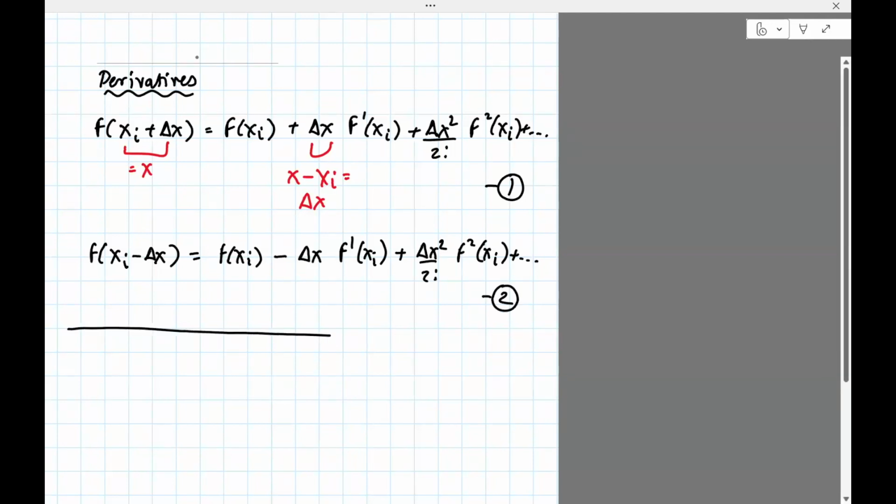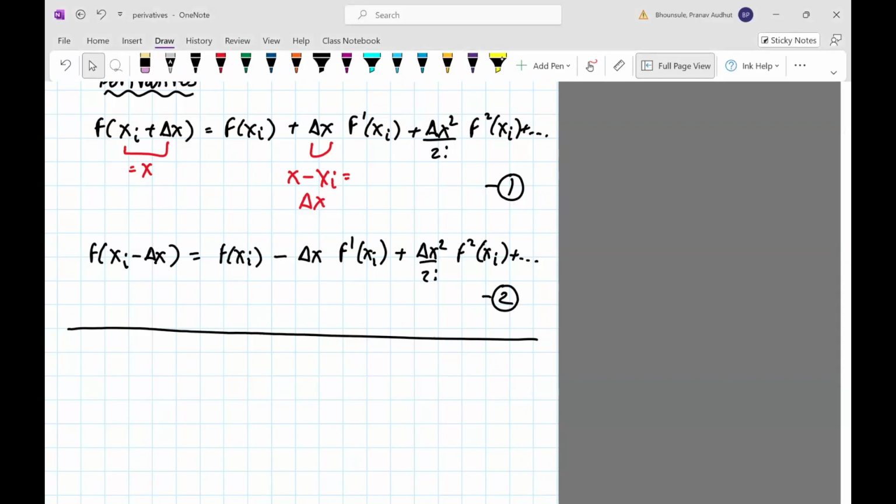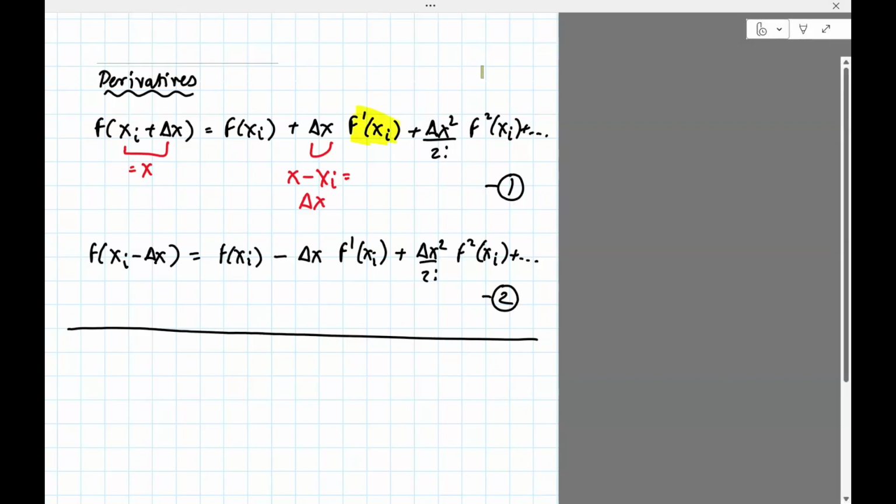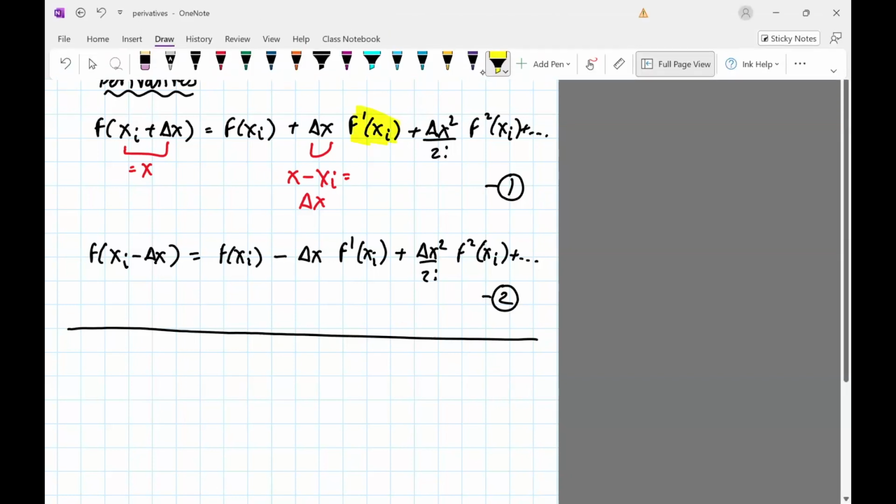Now I'm going to do something to estimate the derivative. I'm going to take equation 1, which I wrote down there, and write an expression for the first derivative, f1 x i.